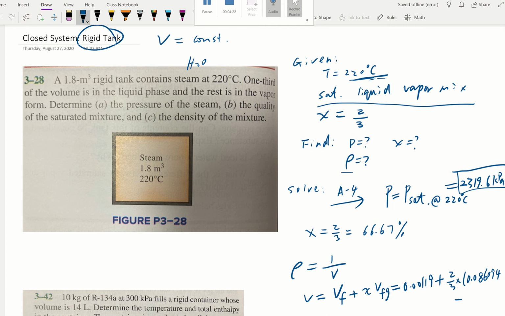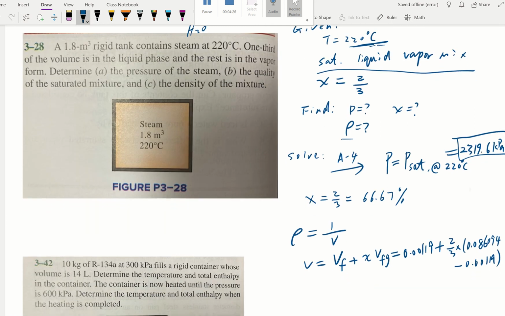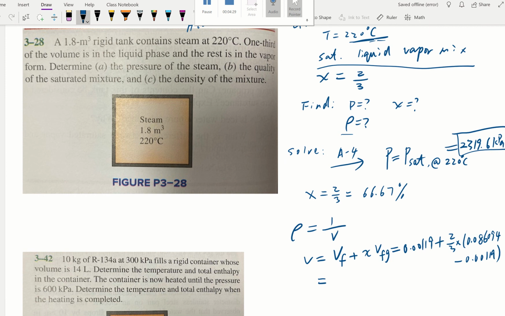Then minus 0.00119, that's our vf. Then you can find our specific volume. Let's put it in the calculator and see what we got. I'm going to pause, see what you have. So I got 0.0578. That's our density. Oh, I'm sorry, that's our specific volume.